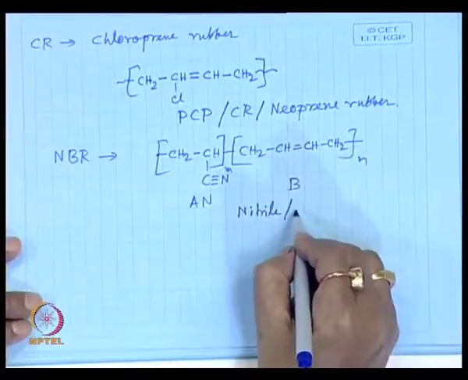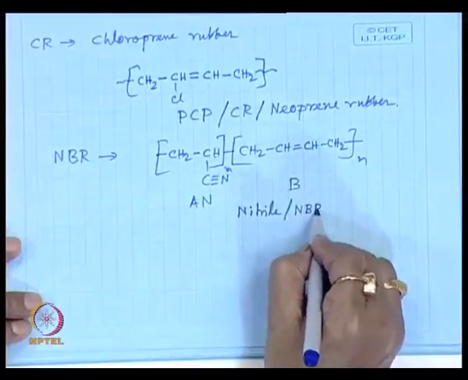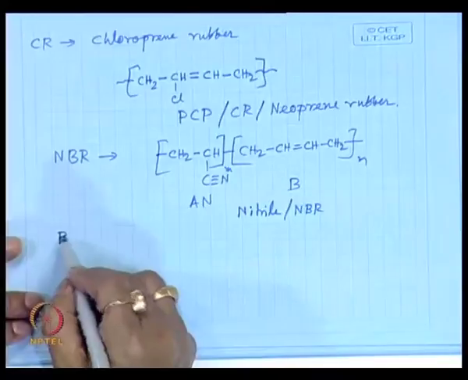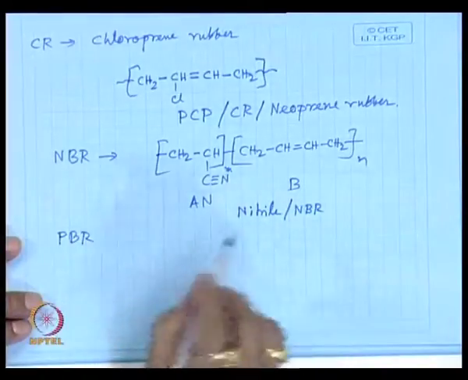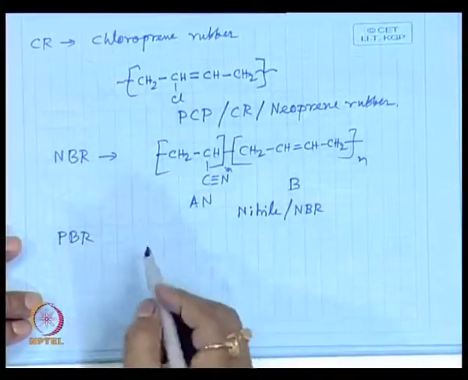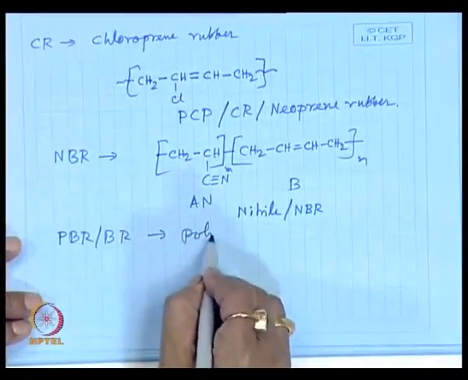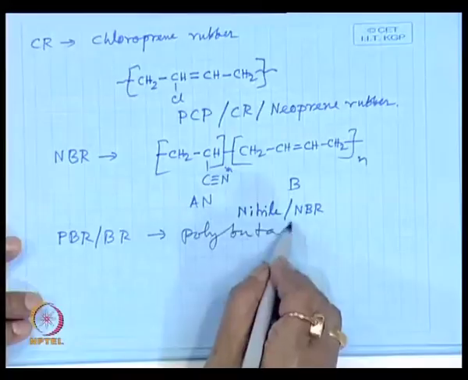Nitrile or NBR rubber, NBR. PBR, polybutadiene, we have seen earlier polybutadiene, PBR or BR, polybutadiene rubber.